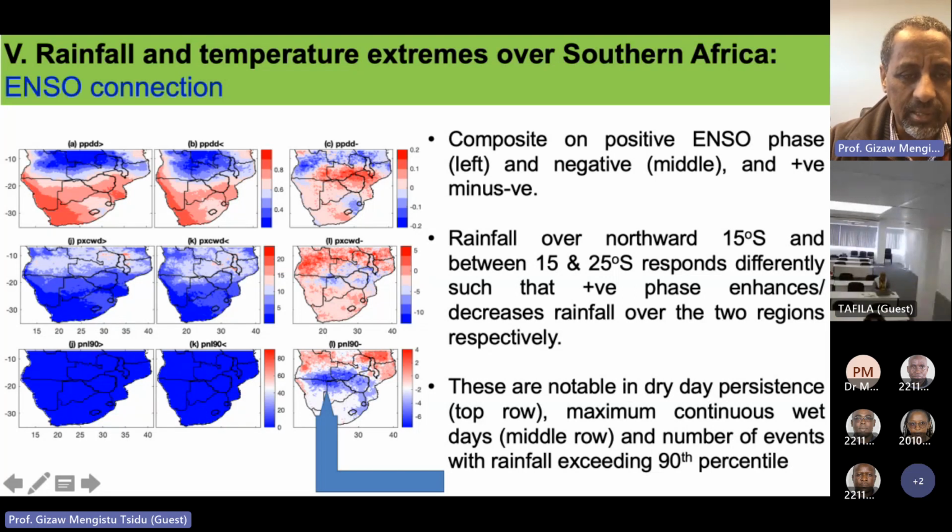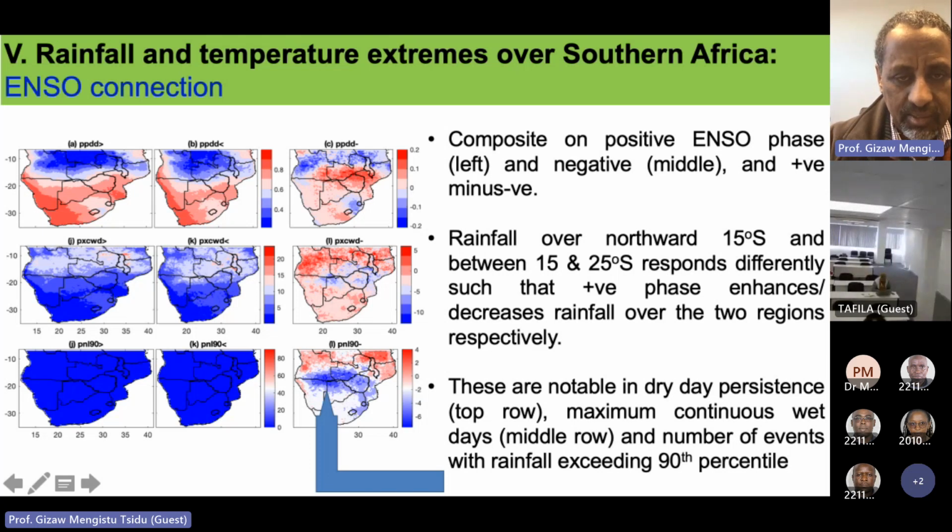What it means is that dry day persistence during La Nina is greater than during El Nino, which is opposite to what we know, because El Nino is associated with drought, low rainfall, and La Nina is associated with good conditions, excess rainfall, flooding, and so on in the region.